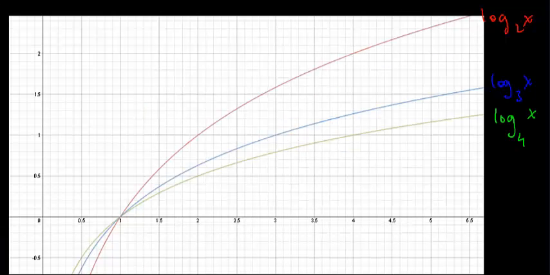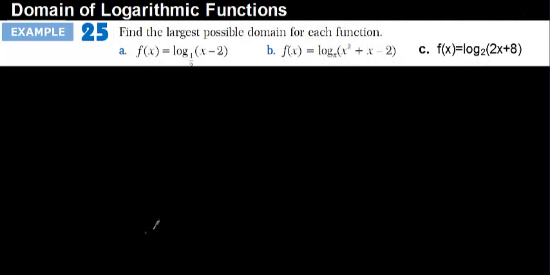Okay. If we continue with the domain of the logarithmic function, where the function is defined, we should check the existence of the logarithmic function. For logarithm base a of f(x), f(x) must be greater than 0.